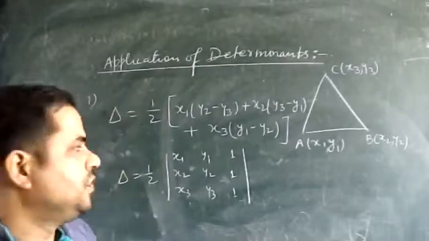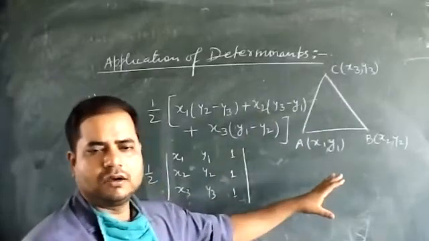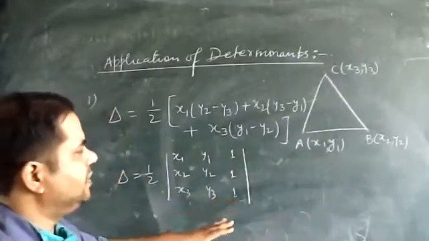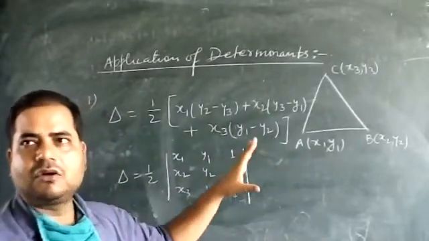And you also know very well, if the area of this triangle is 0, that means the three points A, B, C must be collinear.